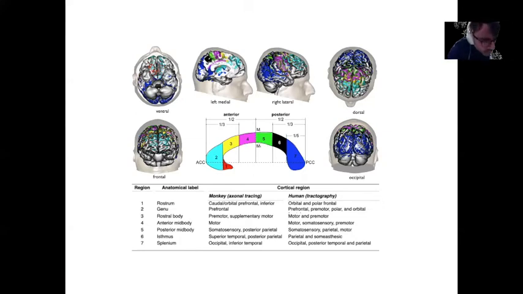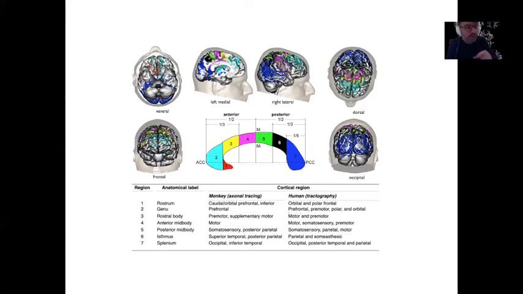The anterior part is here coded in red and cyan, and this corresponds to the minor forceps usually, and includes the rostrum and the genu. It projects mostly to the orbital prefrontal and inferior prefrontal cortex. With the genu, you can also have some projection onto the premotor cortex.